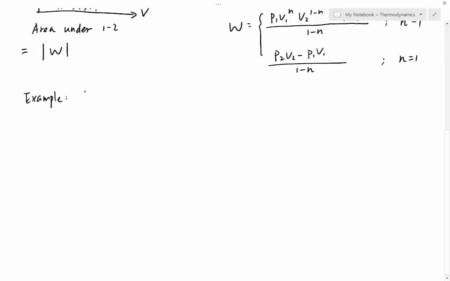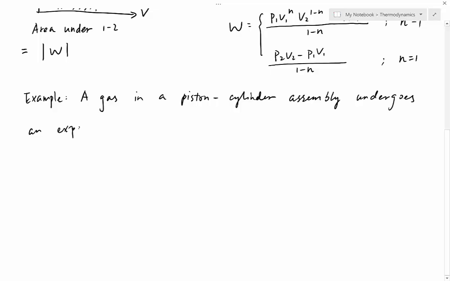The first example is we have a gas in a piston cylinder assembly, and it undergoes an expansion process for which PV^1.5 equals constant.